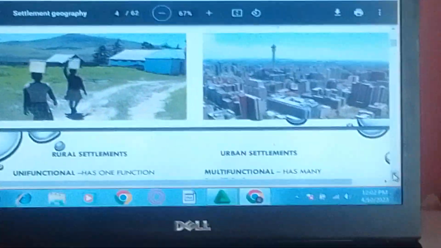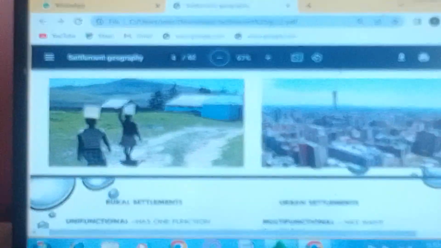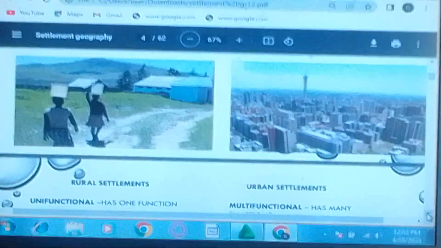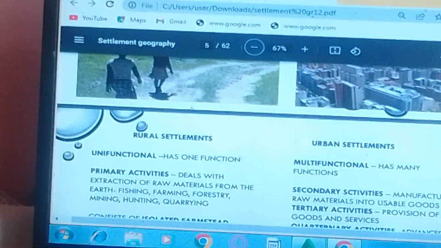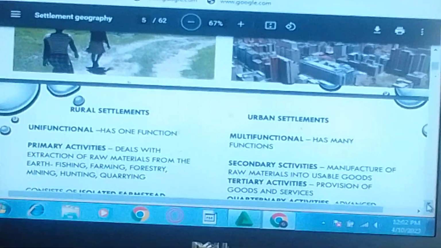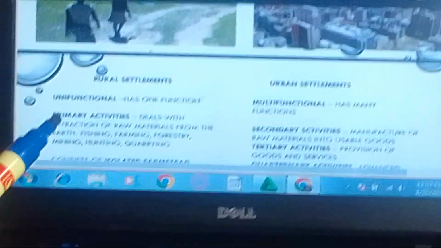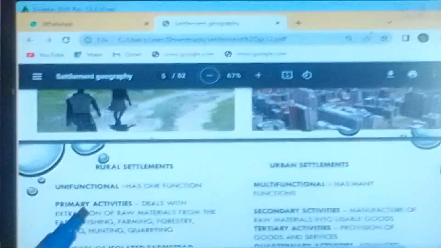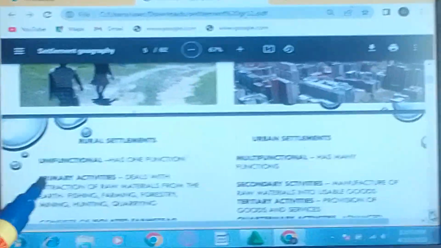Our urban areas tend to be multifunctional. Our rural areas tend to be unifunctional. Now, unifunctional, what does it mean? It means that the settlement basically concentrates on one function. For example, in our rural settlements, we have mainly primary activities taking place there, which are basically extraction of raw materials from the earth.